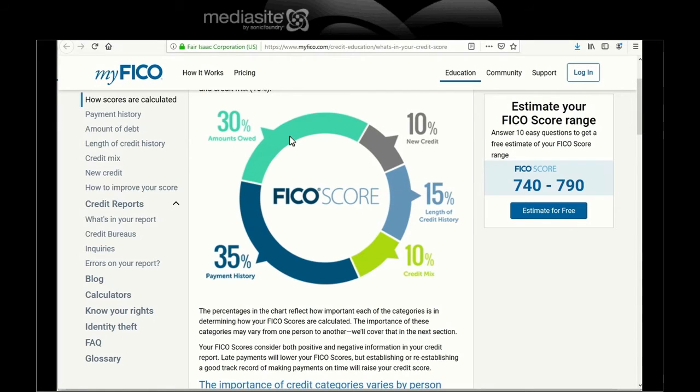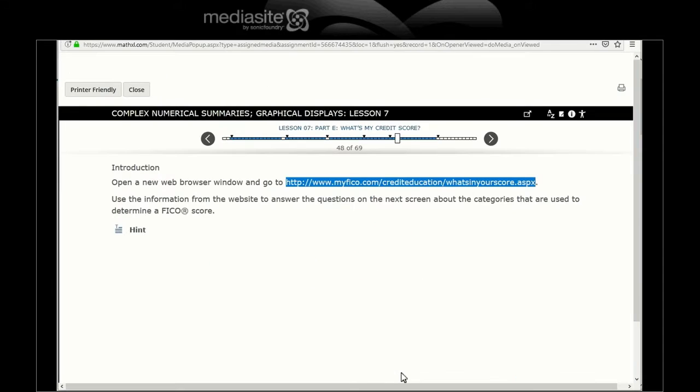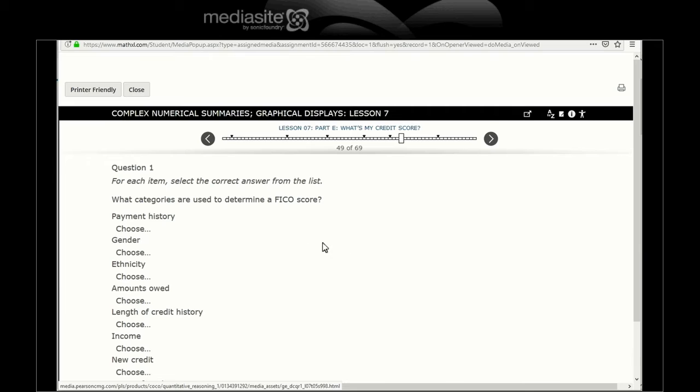Okay, there is one, two, three, four, five items that make up a FICO score. Next picture.